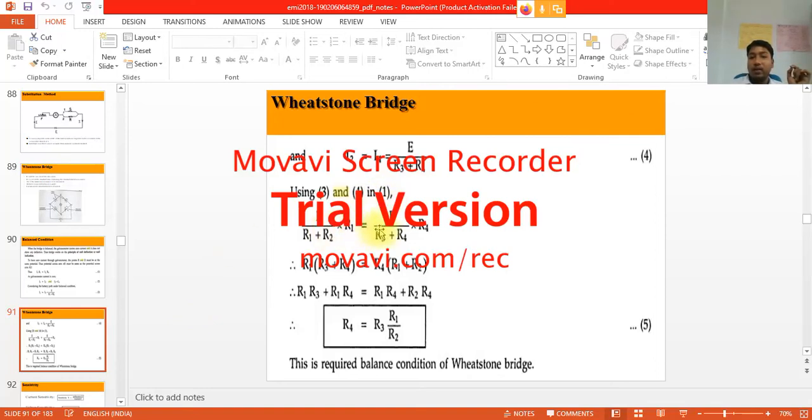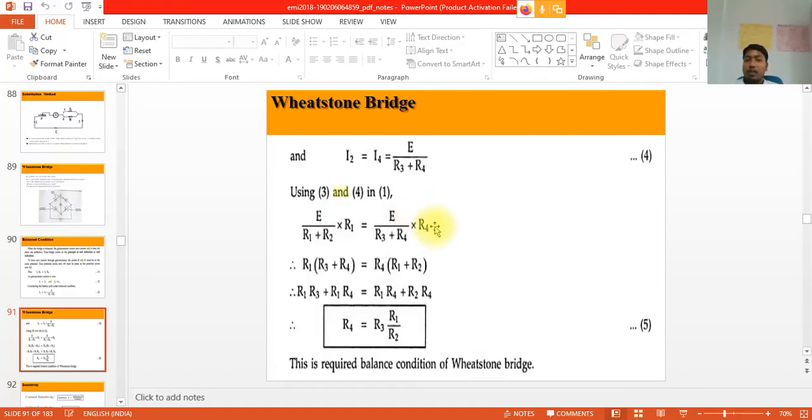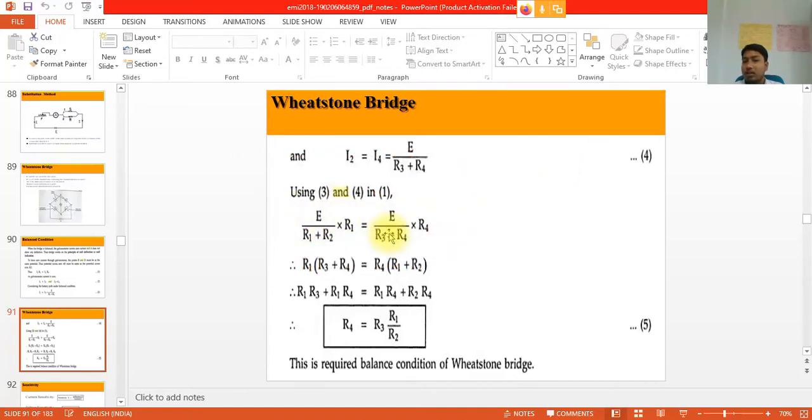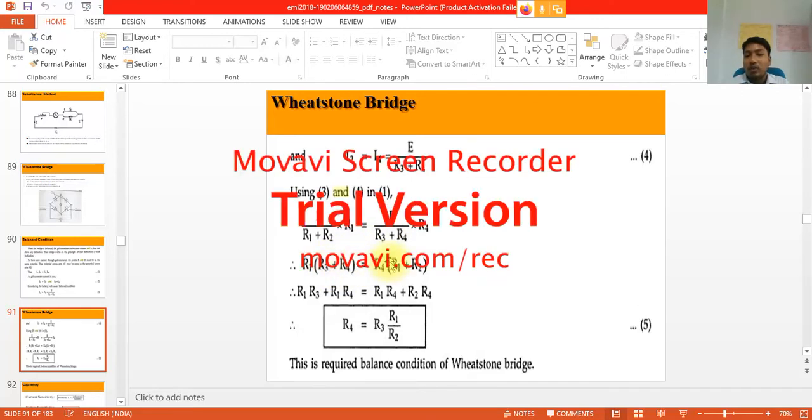I1 R1 is E upon R1 plus R2 into R1, equal to E upon R3 plus R4 into R4. E is the same on both sides, so E will get cancelled. Now R1 into R3 plus R4 equals R4 into R1 plus R2.